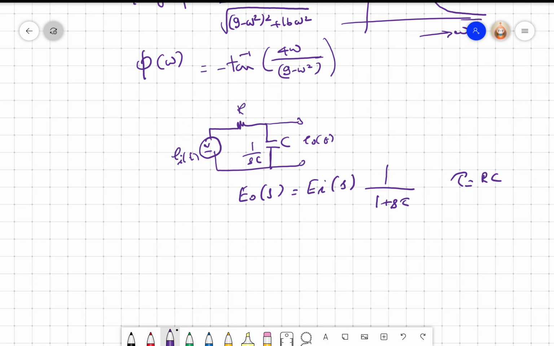Now I see that it has only s power 1. So we call this a first order transfer function, or simply a first order system.